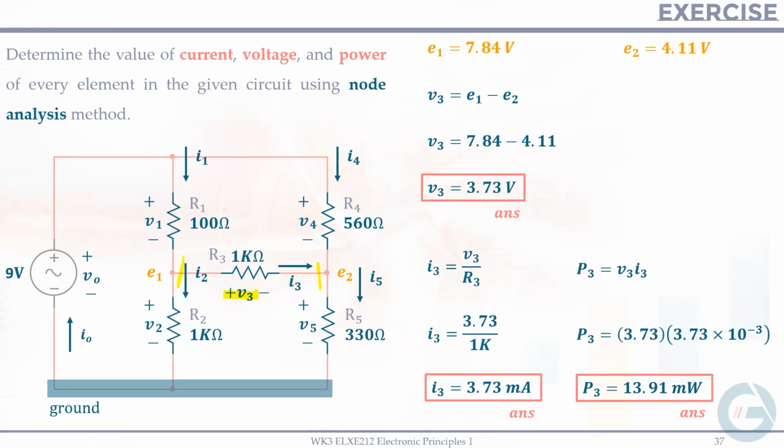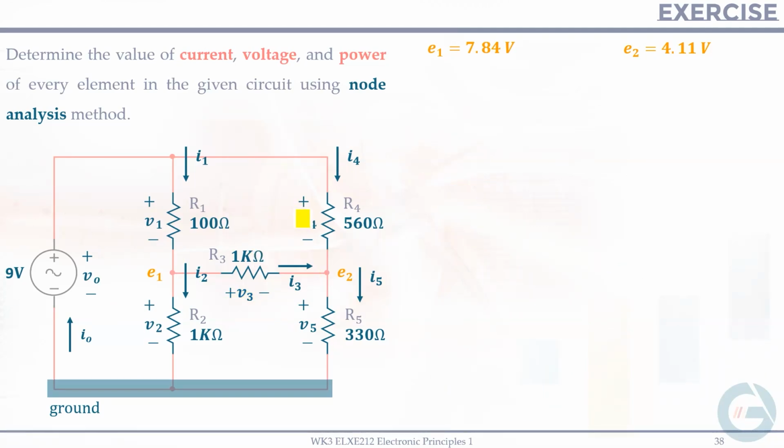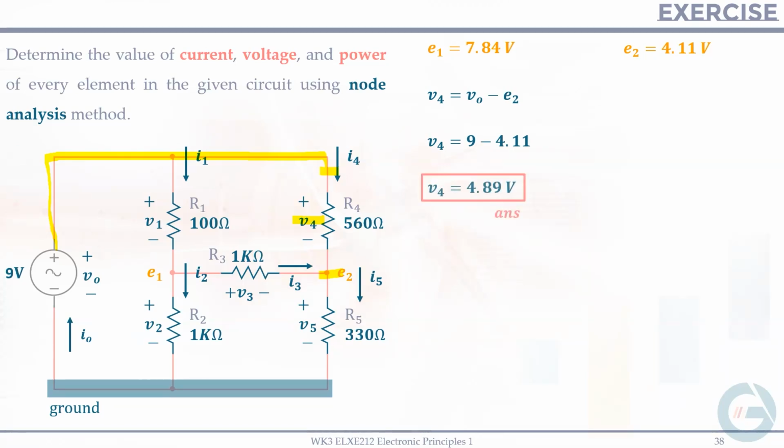Okay, so V4, the same concept. Okay, V4, so the nodes or terminals this is connected to, okay, VO, and this one is E2. Okay, V4 is VO minus E2, which is 9 minus 4.11, so V4 is 4.89 volts.